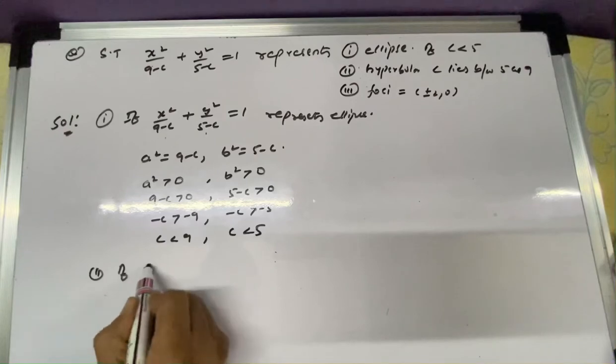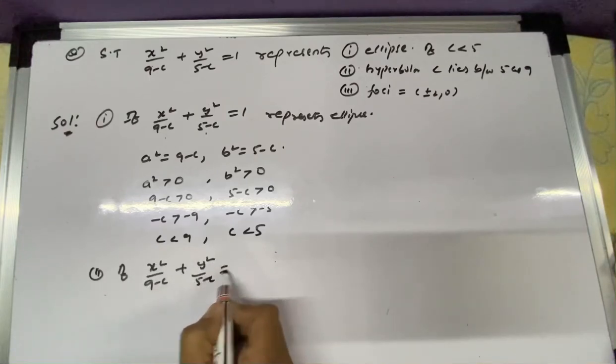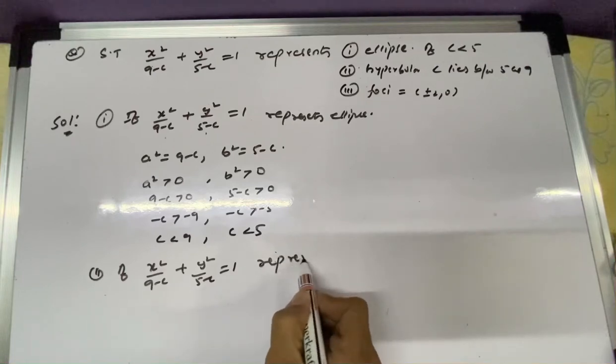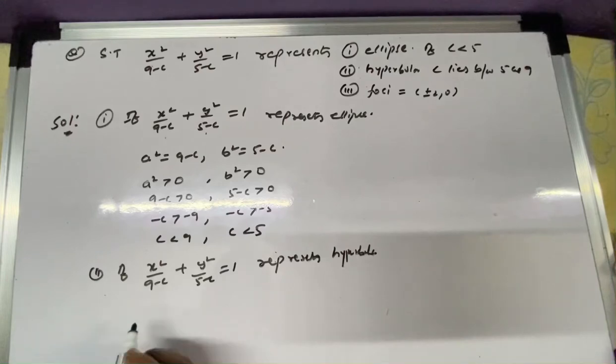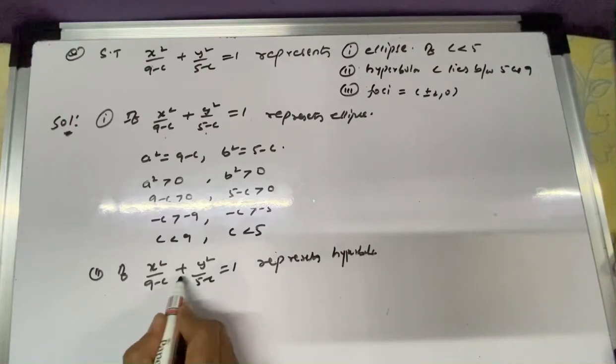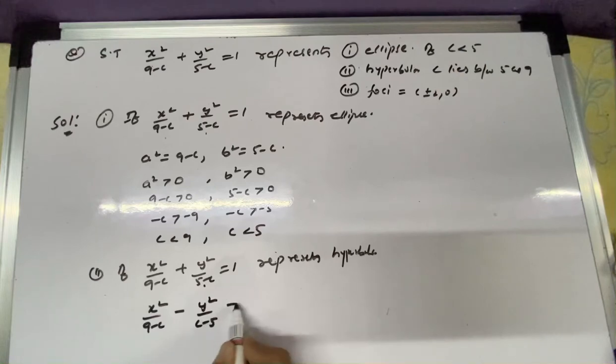If x square by 9 minus c plus y square by 5 minus c equals to 1 represents hyperbola. If it is a hyperbola, what we can use for hyperbola? We have to get minus sign here. If I am taking minus sign here, this becomes c minus 5.